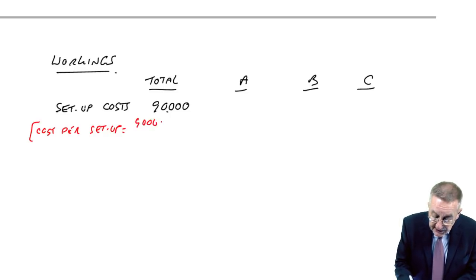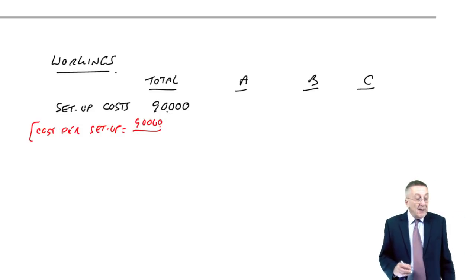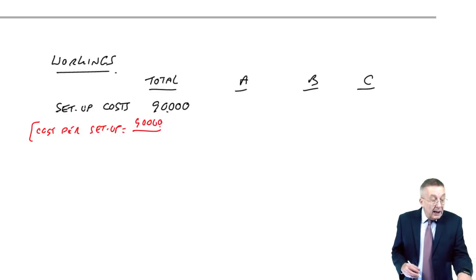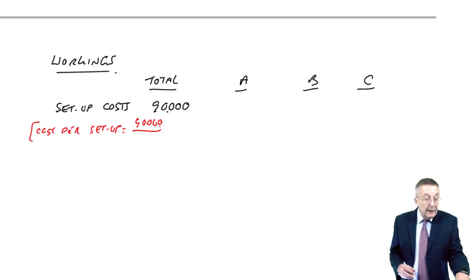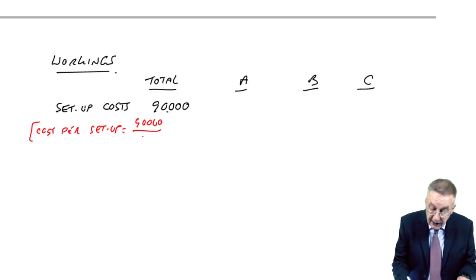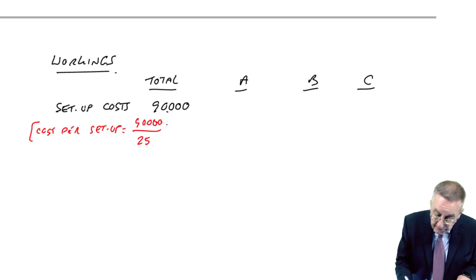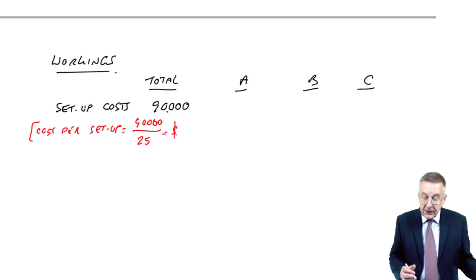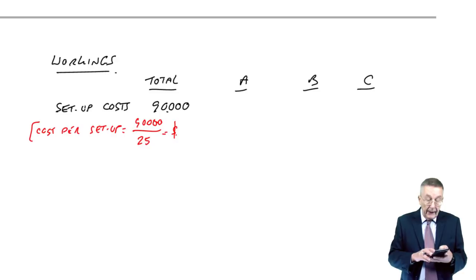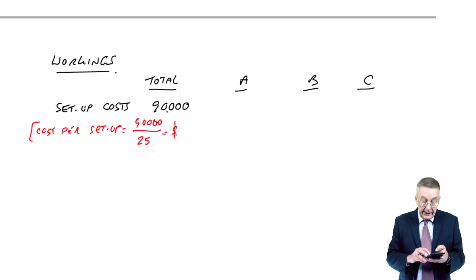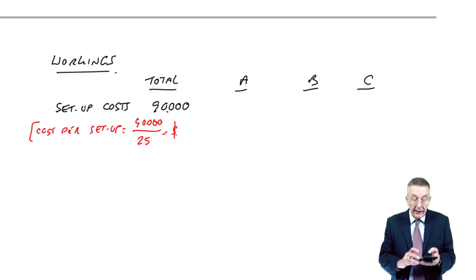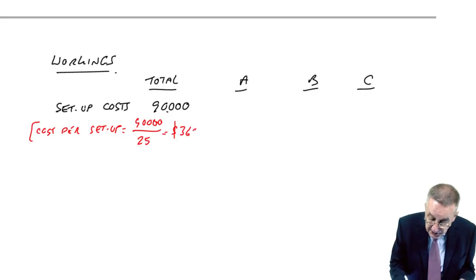We know it's 90,000 we're spending in total. How many setups are there? 10 for A, 13 for B, 2 for C. So a total of 25. And therefore the cost of each setup, 90,000 divided by 25, is 3,600.